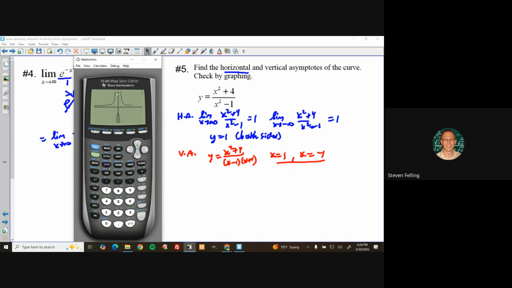Sure enough, there is a vertical asymptote at negative 1 and 1, and on the right side and the left side, it seems to be approaching the line y equals 1. So perfect.